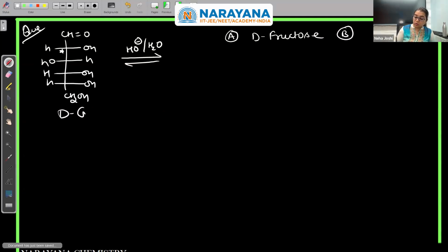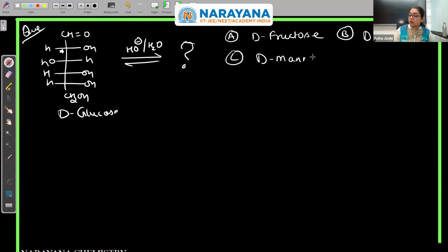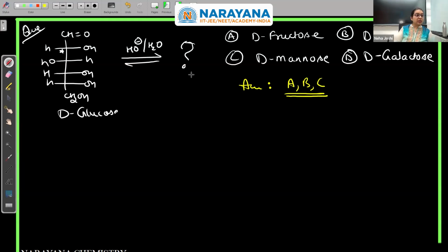I started with D-glucose. So in the product mixture, what will be there? D-glucose, D-mannose, or D-galactose. What will be there? So the answer for this question is A, B, and C. 3 products will be there in the product mixture, right?